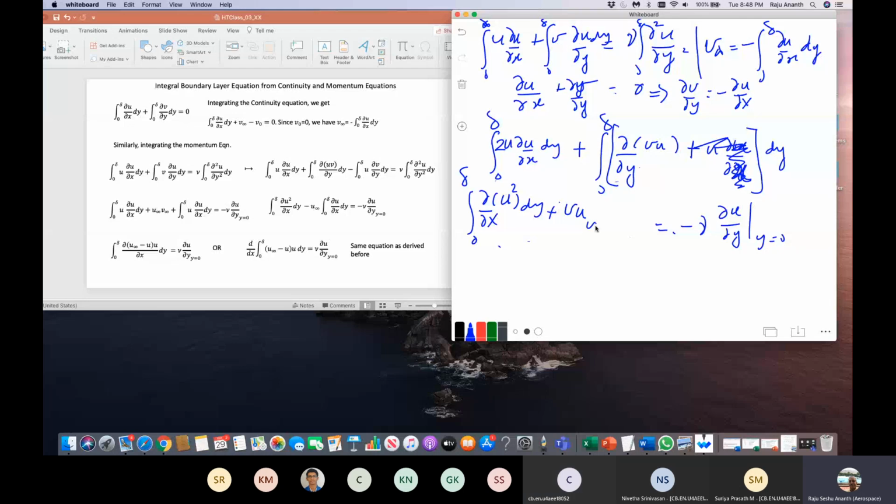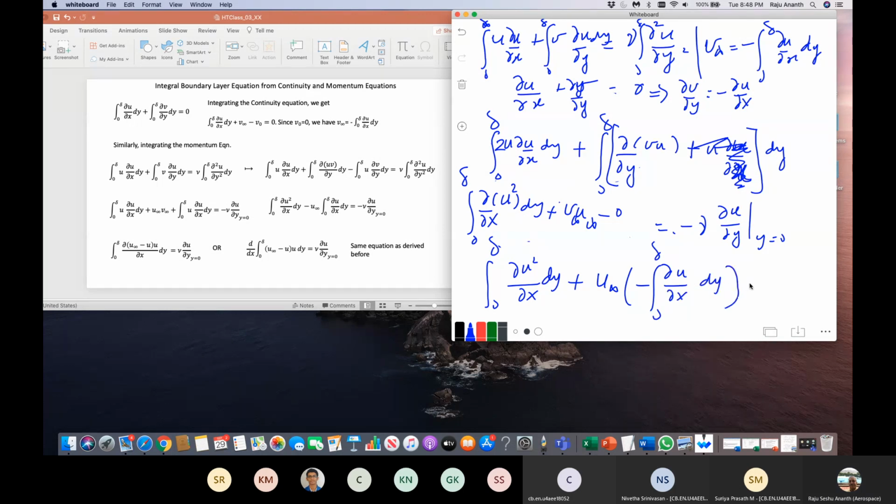So it's nothing but du/dx equal to vu. At delta, or infinity, minus 0, since both are 0, this is equal to u du/dy. So this v infinity is what? So the integral from 0 to infinity, I'm sorry, of d u squared/dx dy plus u infinity times v infinity, which we already showed earlier is minus the integral from 0 to delta of du/dx dy, is equal to minus mu du/dy at y equals 0.